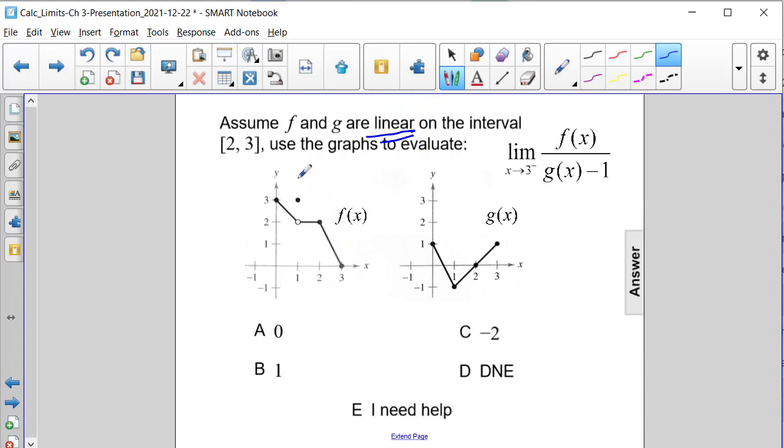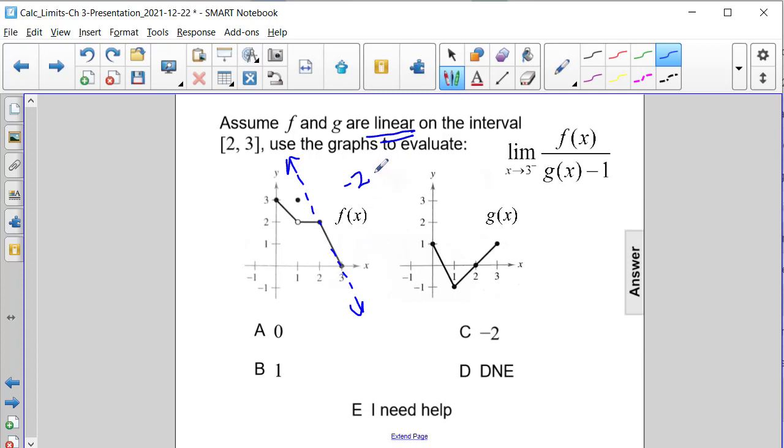And from 2 to 3, the function f is defined by this line. If I was to continue it and draw it right here, it has a slope of -2, and you can either go through the point (3, 0), or you can go through the point (2, 2), and then utilize that to find the equation.